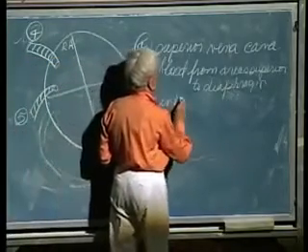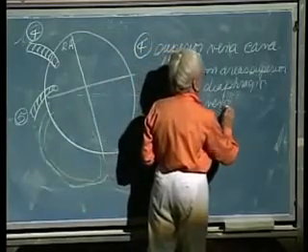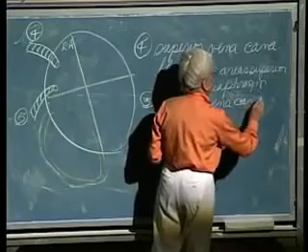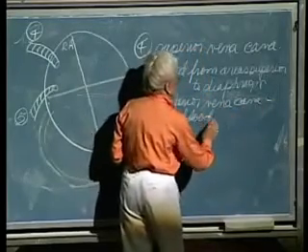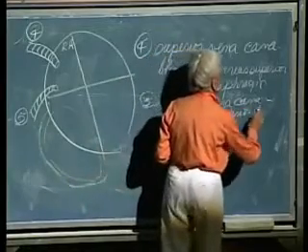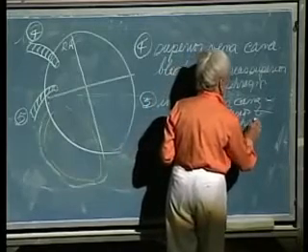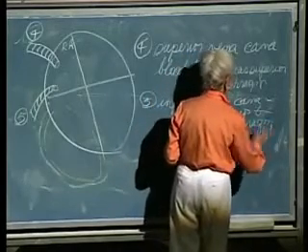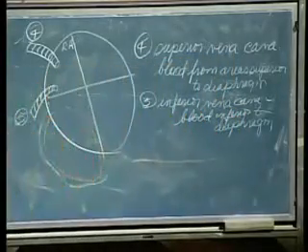Inferior vena cava. So this will be blood inferior to diaphragm. Now we'll see how many have heard of the third opening into our right atrium.